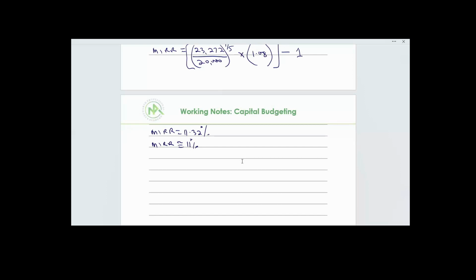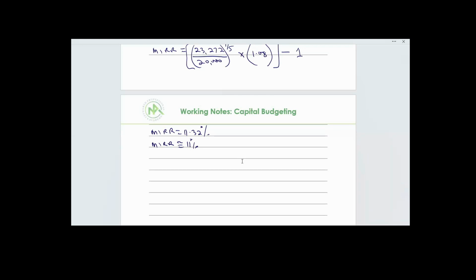I repeat, for independent projects, accept if modified internal rate of return is greater than the company cost of capital. For mutually exclusive projects, accept any project with a higher modified internal rate of return.